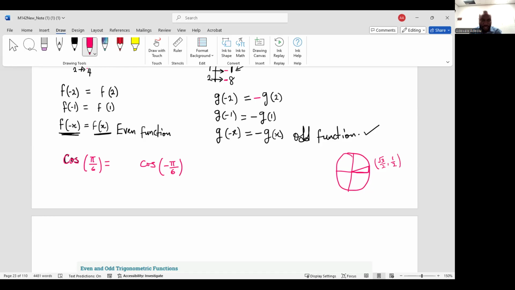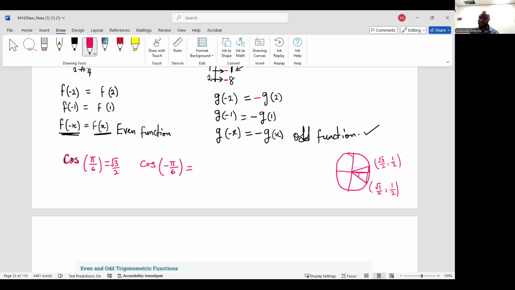Now, cosine here is root 3 over 2. What about negative pi over 6? That is the negative angle for that. We go clockwise, and the reference angle is still pi over 6, and the terminal point will be here.